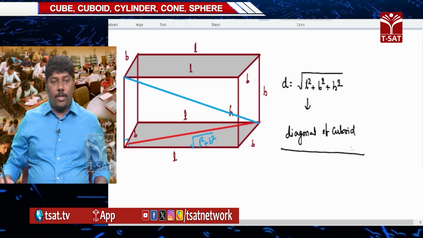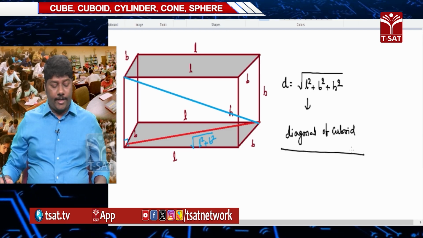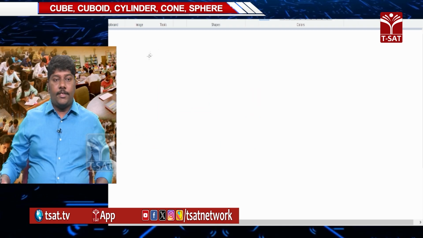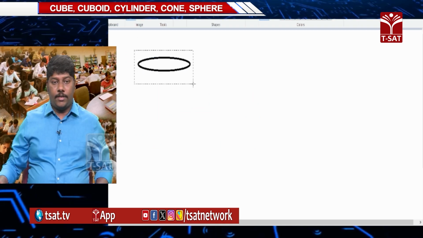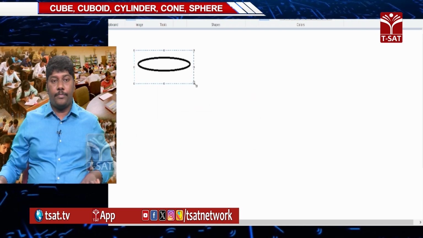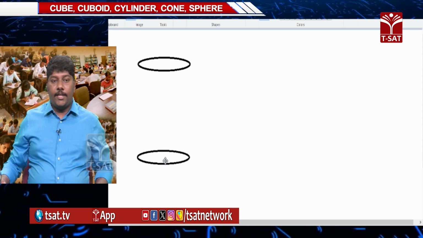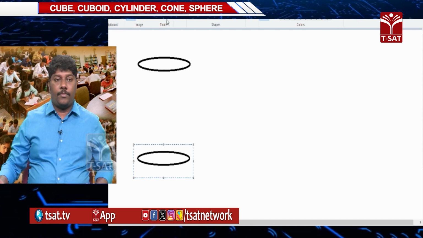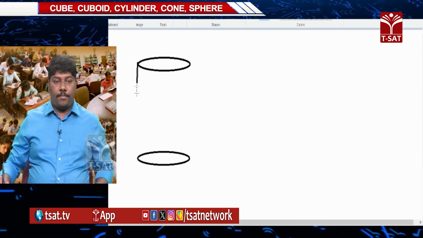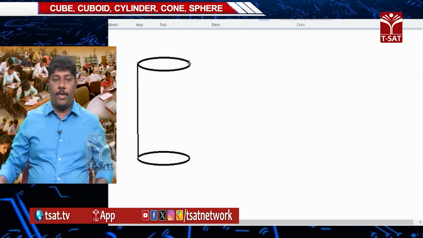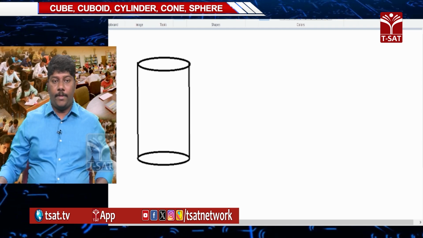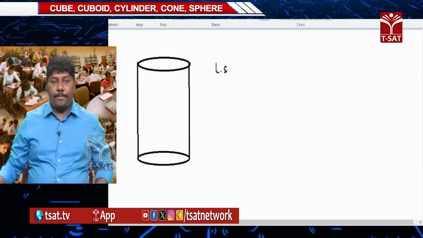Right. Now, we look at how a cylinder looks like. A cylinder is a circular prism. So, you can apply the formulas of the prism to this cylinder. Lateral surface area.